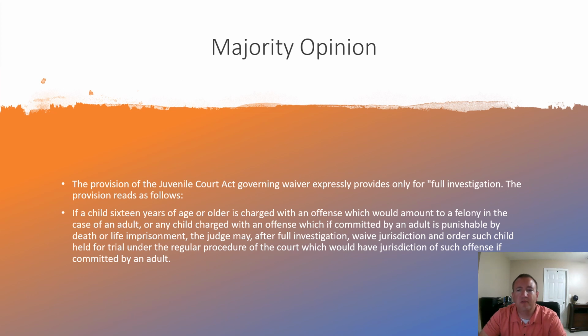The provisions of the Juvenile Court Act basically stated that any kid who is 16 years or older and is charged with an offense that could be considered a felony in adult court, or any kind of charge that could end the person up in prison for life or with the death penalty, requires a full investigation, requires full due process.